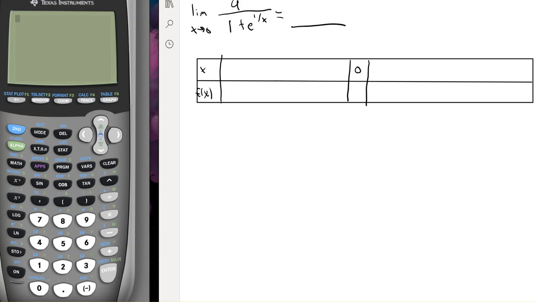I should be picking some numbers slightly bigger than 0, and then a few slightly less than 0, so I can try to see what's happening right before that point and right after that point.